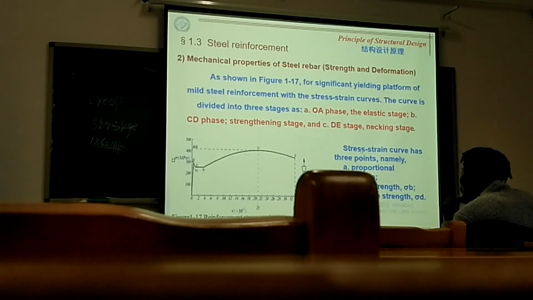So for this stress strain curve we have 3 points, namely proportional strength, yield strength, and ultimate strength. This ultimate strength is different from the yield strength, and now we have this position of point A, the proportional strength.